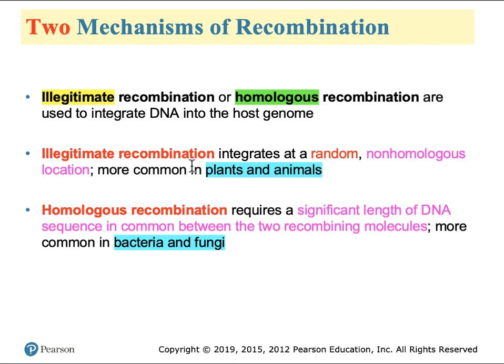With illegitimate recombination, the external piece of DNA integrates into a random non-homologous location within the chromosome of plants and animals. With homologous recombination, the piece of exogenous DNA, external DNA, is incorporated by recombining into a homologous site by matching up DNA, and that occurs more commonly in bacteria and fungi.